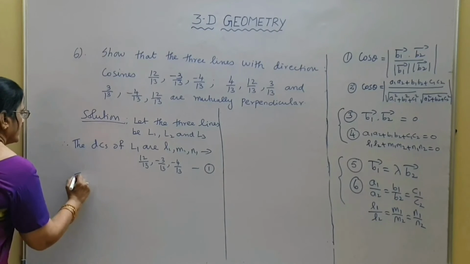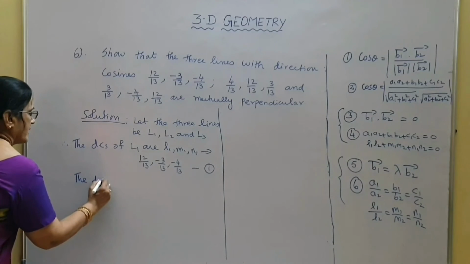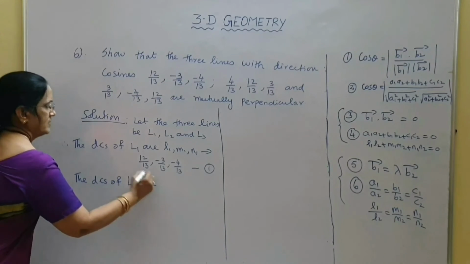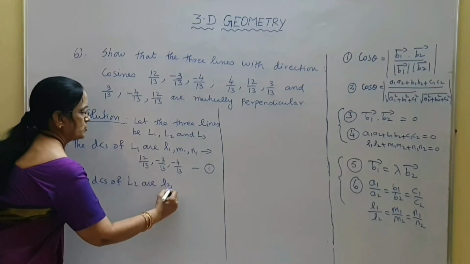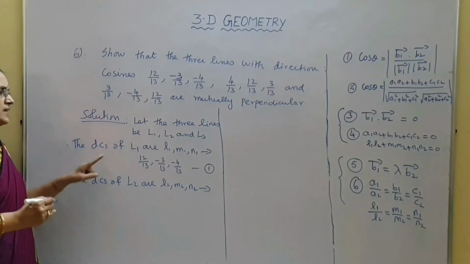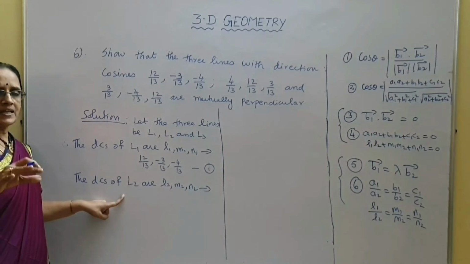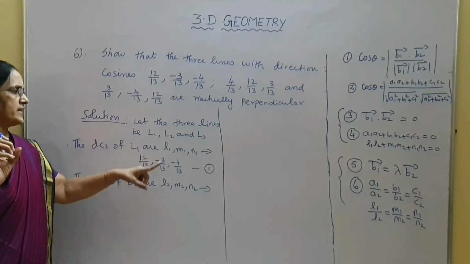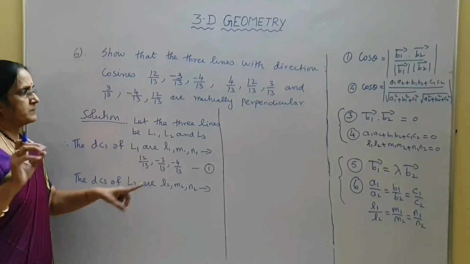Then the direction cosines of the line L2 are, let us take it as L2, M2, N2. The lines I am taking as capital L1, capital L2 and capital L3, whereas for the DCs I am taking small l.